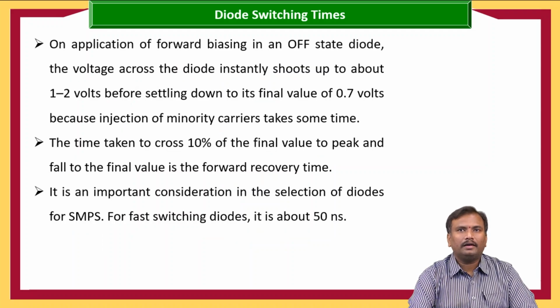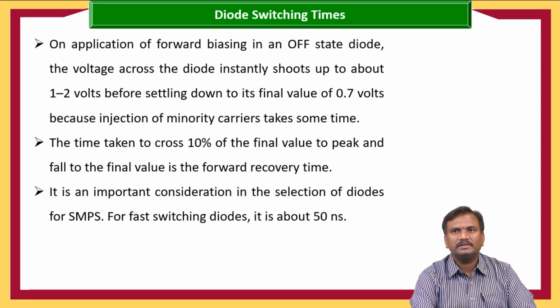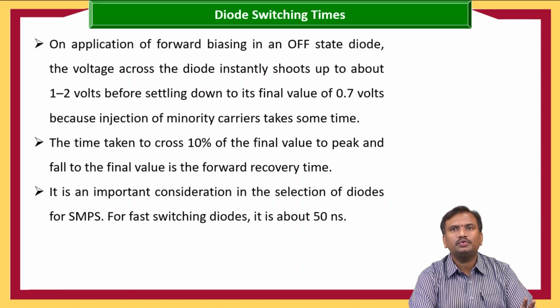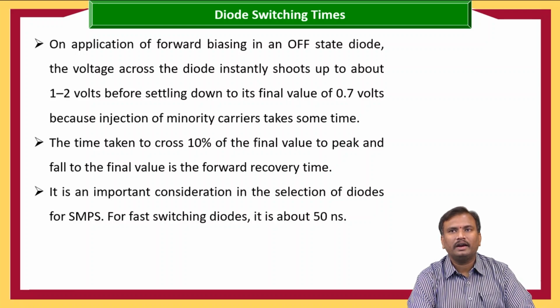And on the application of forward biasing to an off-state diode, the voltage across the diode instantly shoots up to about 1 to 2 volts before settling down to its final value of 0.7 volts.